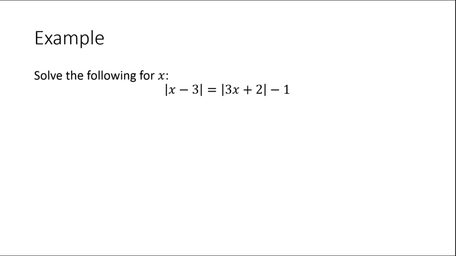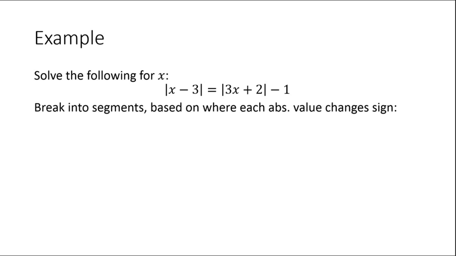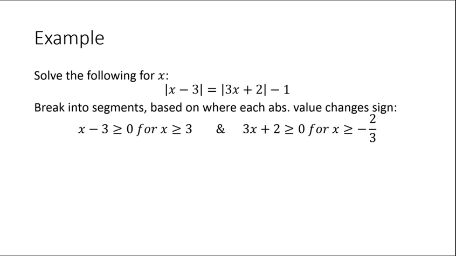The place where absolute value gets really tricky is if you have more than one expression, because what ends up happening is you have to take the full number line and break it into different cases. So in this case we have two expressions, and what we need to do is consider where the expressions in absolute value change sign, and then do three separate cases, one for each of the different combinations of sign change.